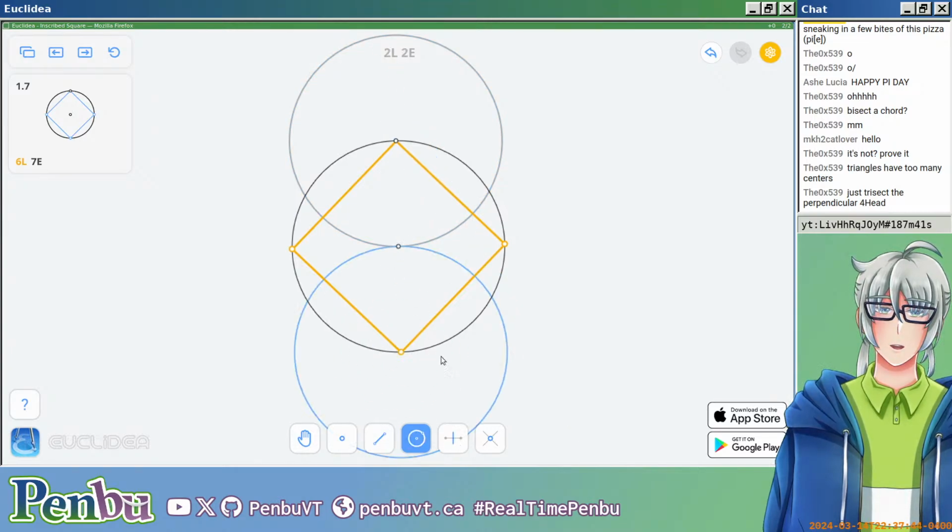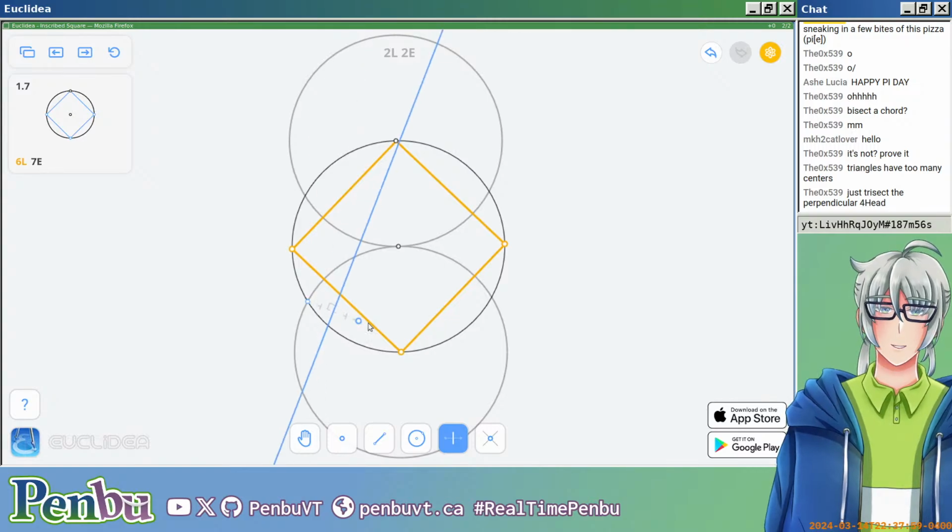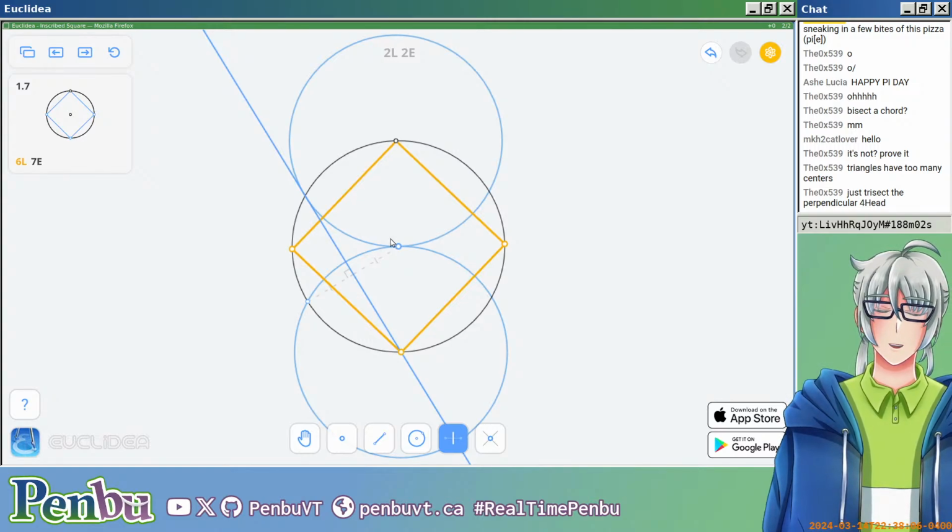But then that also means that we can find this. But then we can't use this because otherwise we already know that side. So that's not actually going to help us.